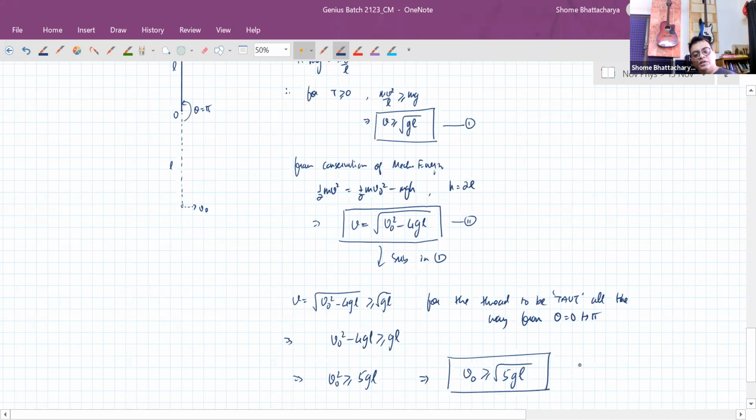So this is the critical condition for completion of the vertical circular motion.